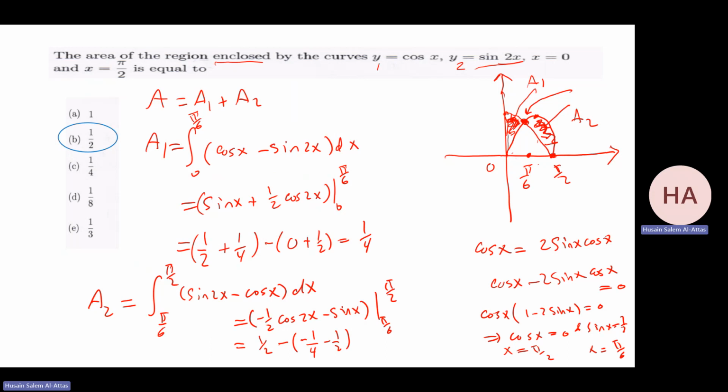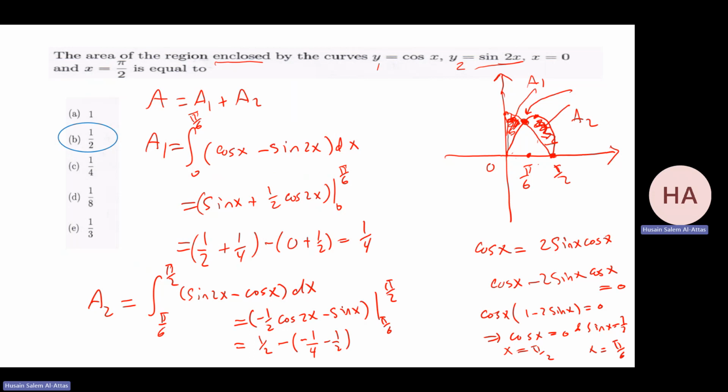Did I make a mistake? Pi over 2 gives me half minus. Here I have pi over 6, pi over 3, minus 1 over 4. The integral will be sine 2x minus cosine x.